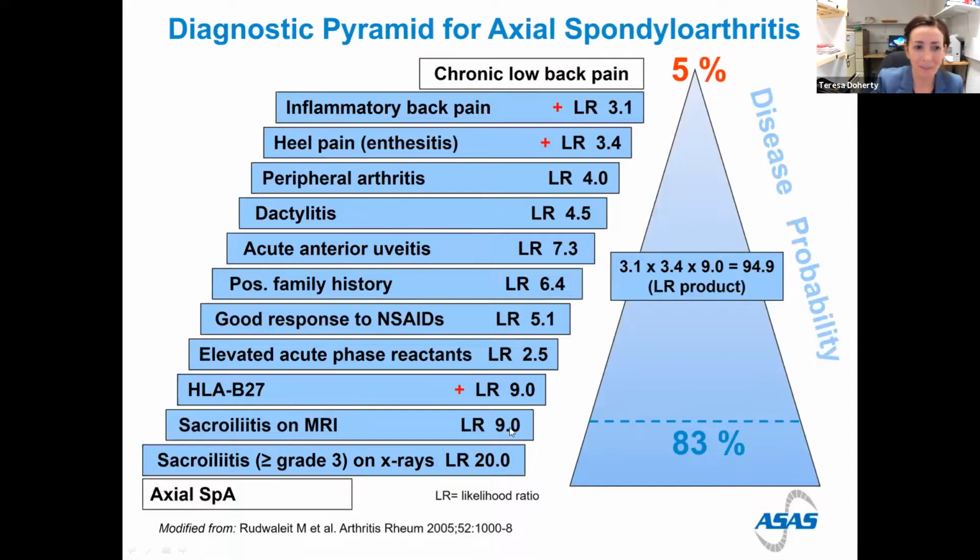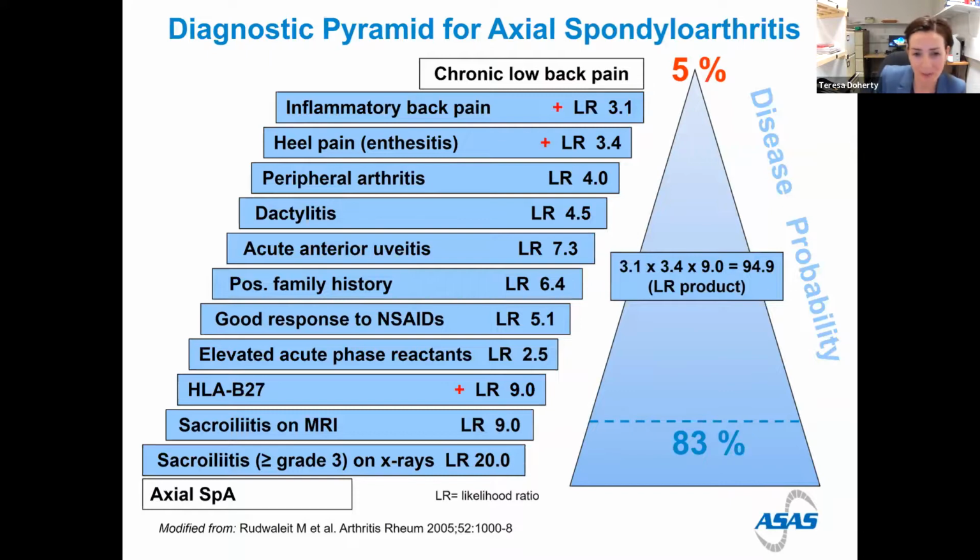These associations that build up a case for ankylosing spondylitis can be weighted differently. The most influential sign is sacroiliitis at grade 3, so both sacroiliac joints involved, both sides. If that's on x-rays, in my opinion, it's probably a little bit late, but you get a very high likelihood ratio.